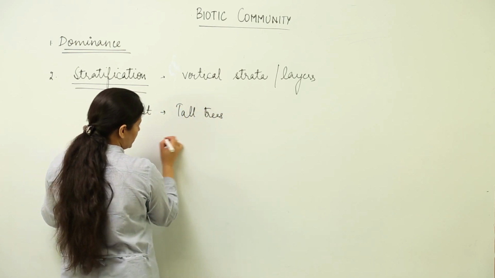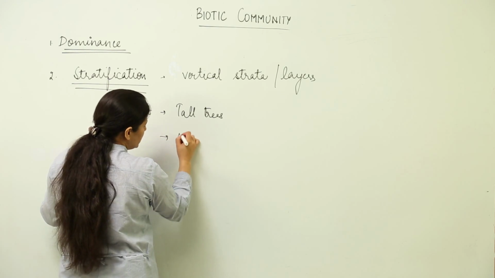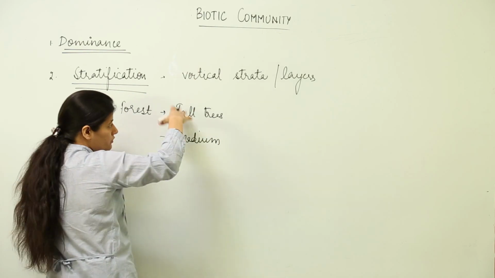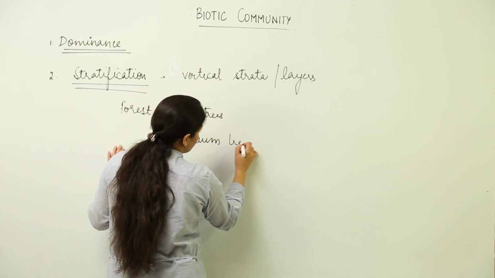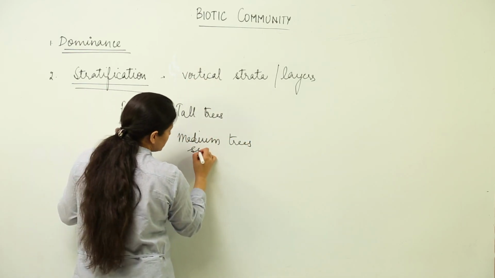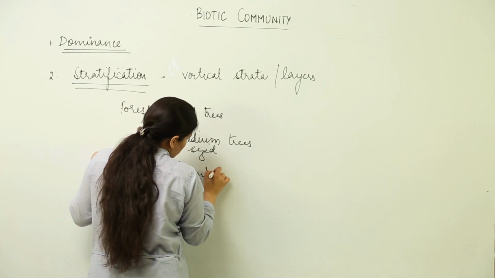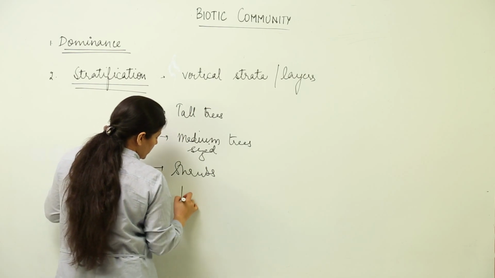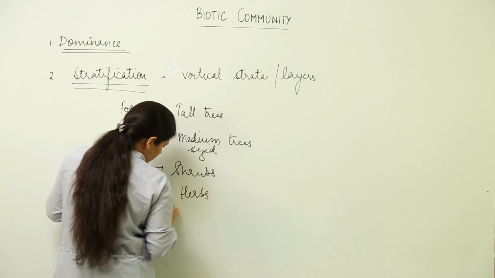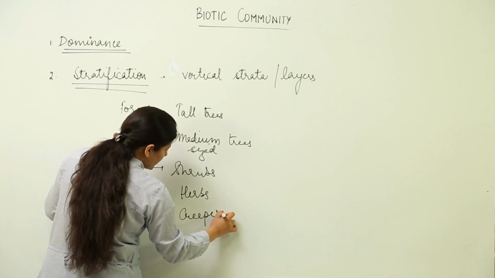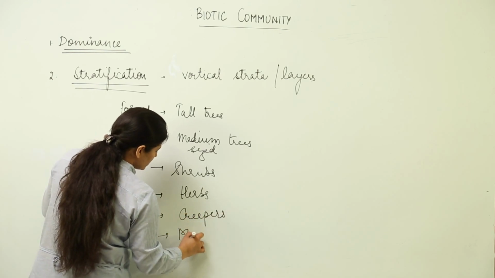Then you would find shrubs or the medium sized trees, whose canopy will not reach up to the tall trees. So you have medium sized trees, then you have shrubs, then you have herbs, then you have creepers, then you have mosses.